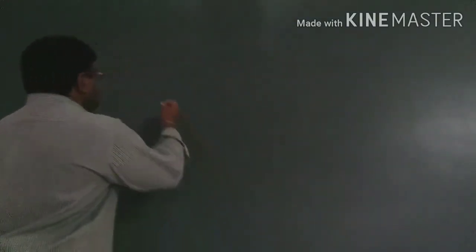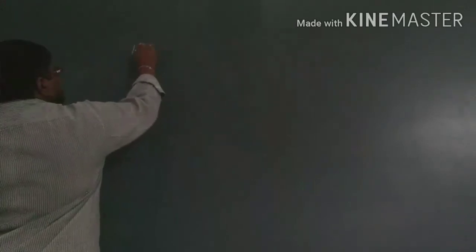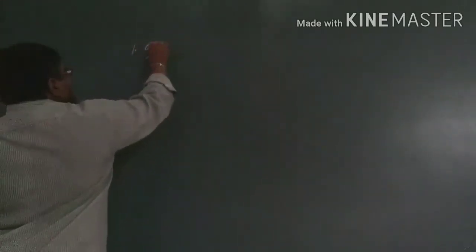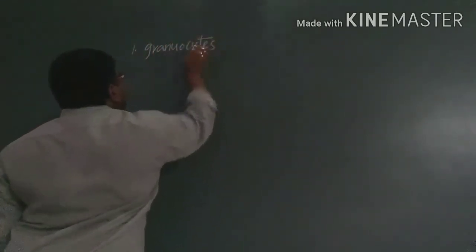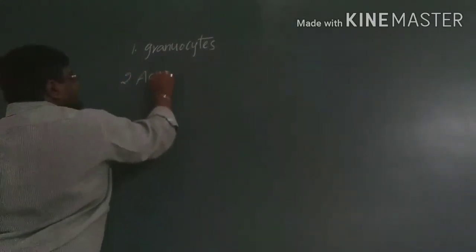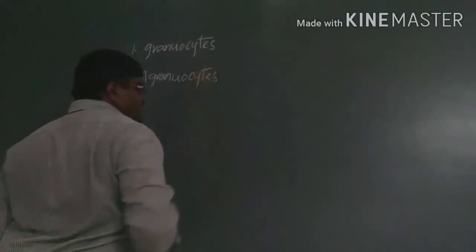Coming to the types of WBCs, based on the presence of the cytoplasmic granules, these are classified into granulocytes and agranulocytes.